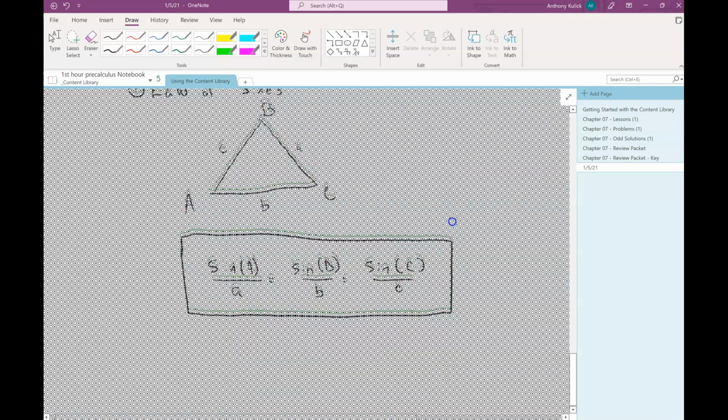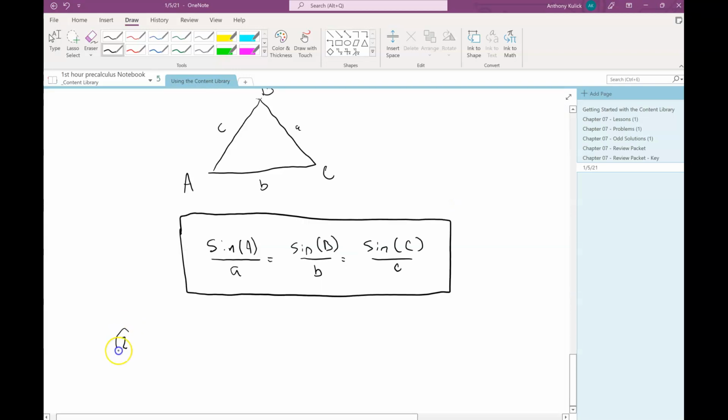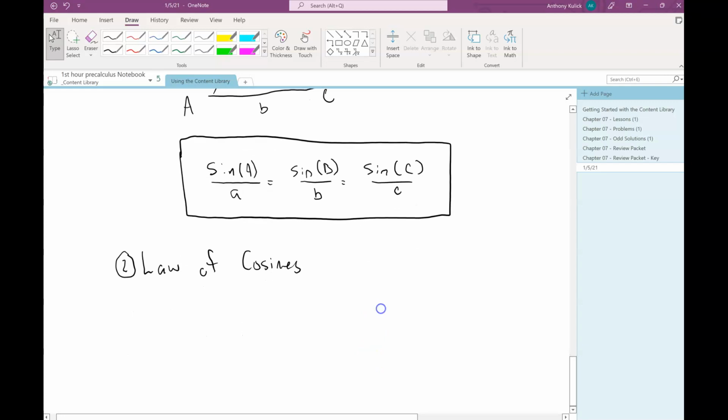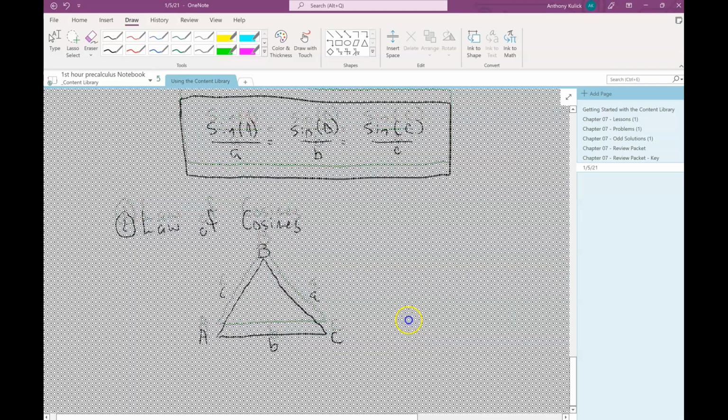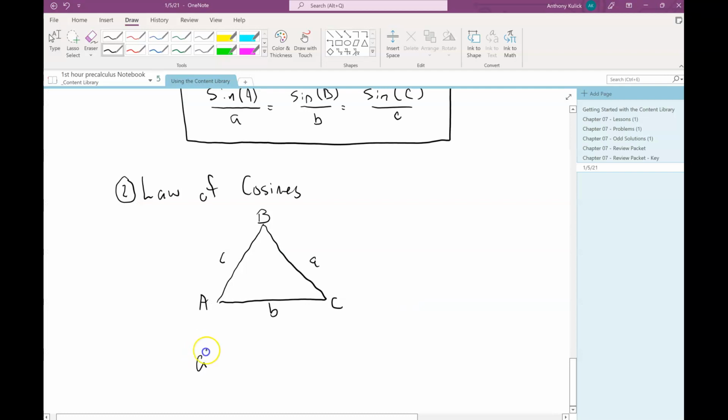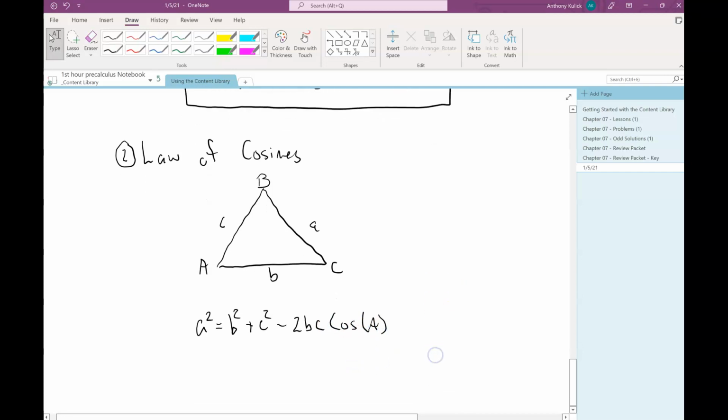Our second tool is the law of cosines. So again, for any triangle, the following holds.